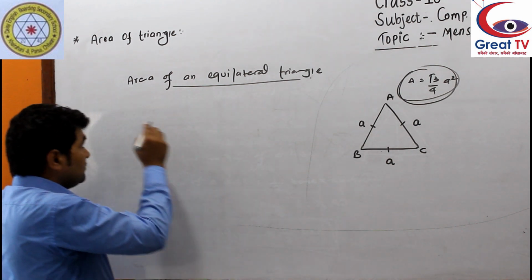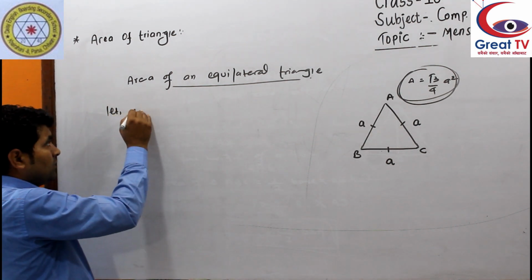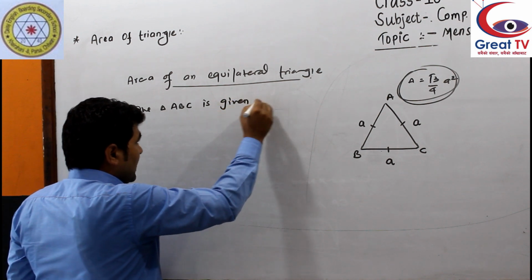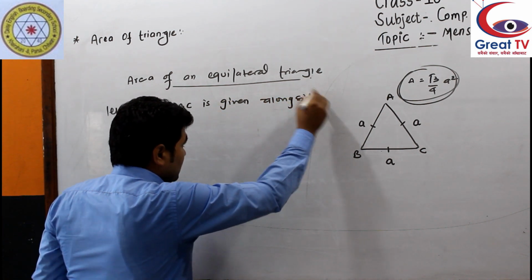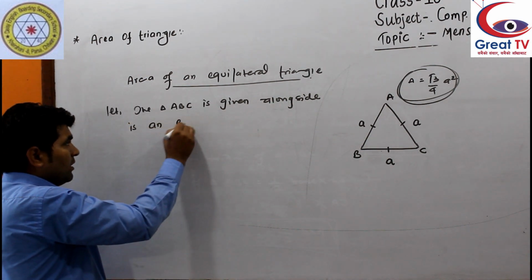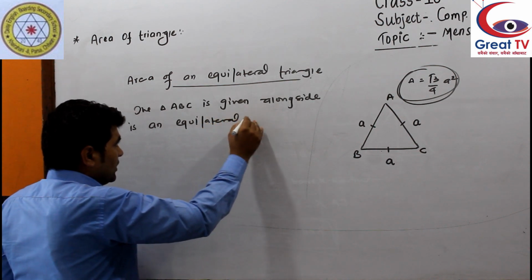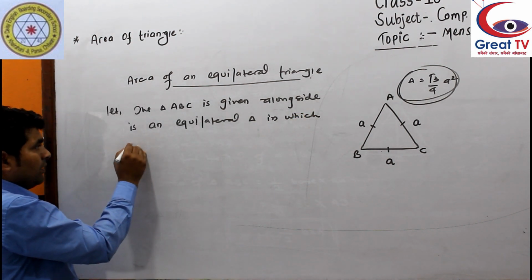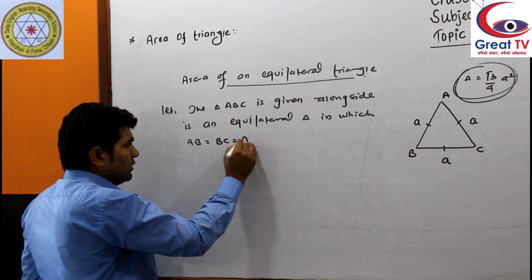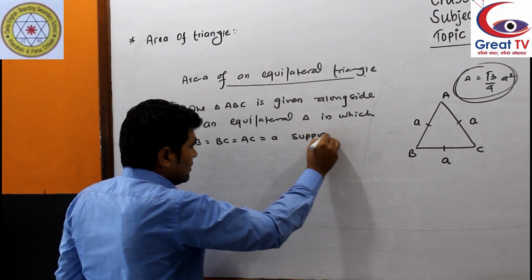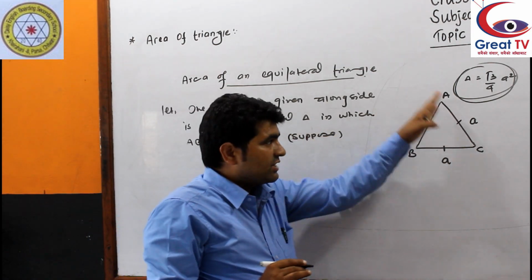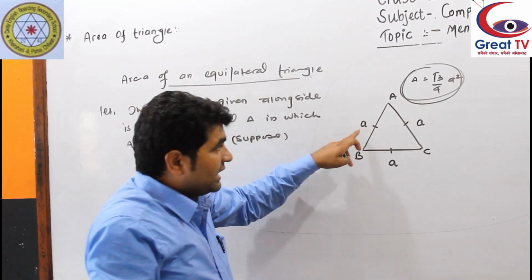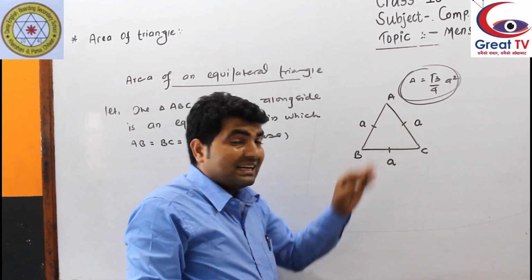So let triangle ABC, given alongside, be an equilateral triangle in which AB equals BC equals AC equals a. Since all sides are equal, this triangle is called an equilateral triangle. If we let one side be a, another is also a, and another is also a, because all sides are equal.